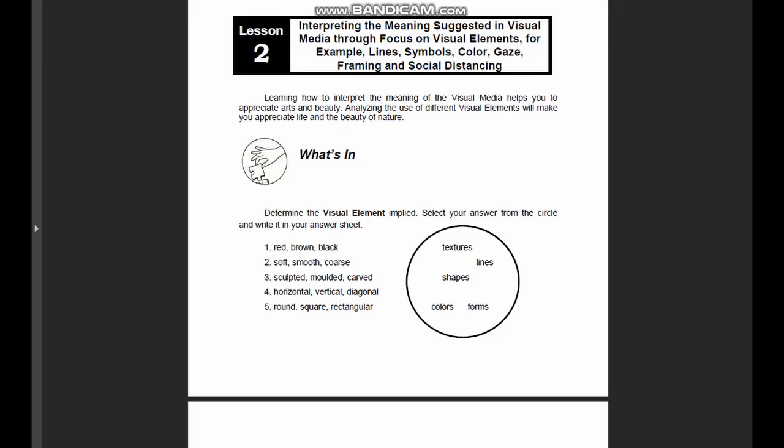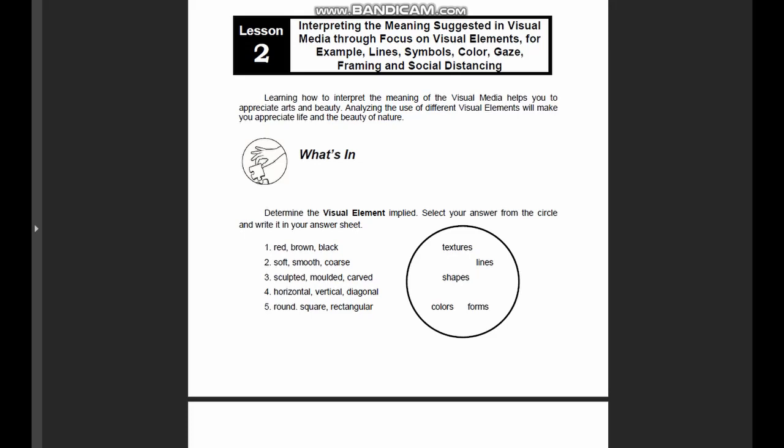First, we have number 1, red, brown, and black. This refers to what? Textures, lines, shapes, colors, or forms. Next, number 2, soft, smooth, coarse. Textures, lines, shapes, colors, forms.